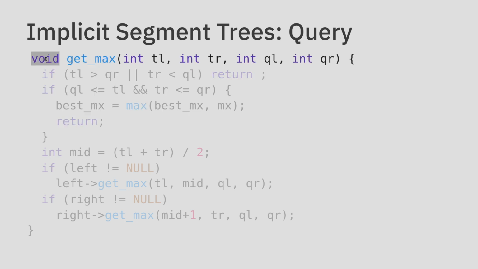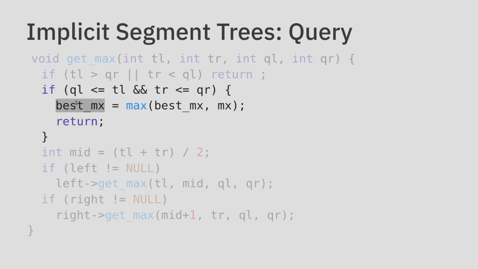As you can see, this is a void function, and it doesn't directly return the maximum value in that range, so we need to keep a global variable that will be updated at each call of this function. We also need to reset it before calling this function, and we can update the maximum here.